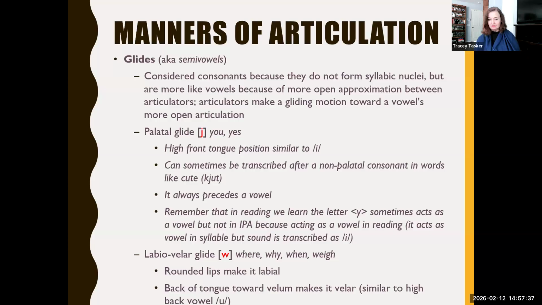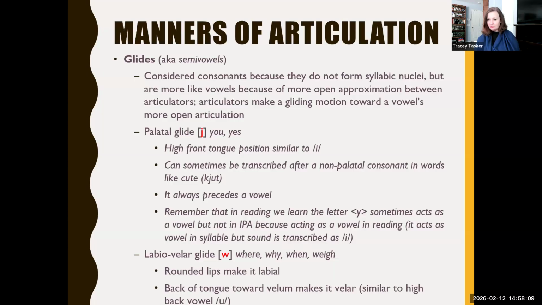It is not for the letter J, it is not for the J sound. It is for Y, even though it looks like a J. This sound has a high front tongue position similar to E. So you make E, E, E, E. Sometimes we'll use that vowel to shape this sound. As the book mentioned, it always precedes a vowel.